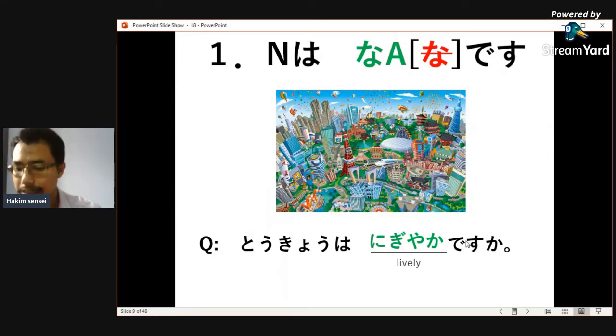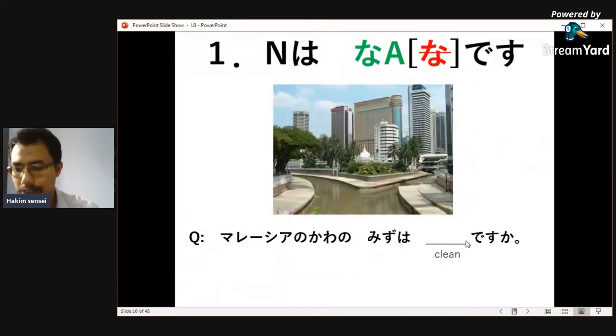In order to answer, it is the same thing. Hai, nigiyaka desu. Now if you want to ask whether the river water in Malaysia is clean or not, Malaysia no kawa no mizu wa kirei desu ka? Even though originally the word is kirei na, there is no need to put the na character.